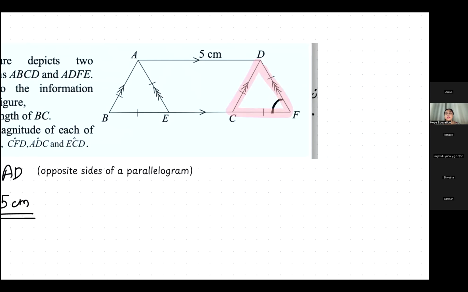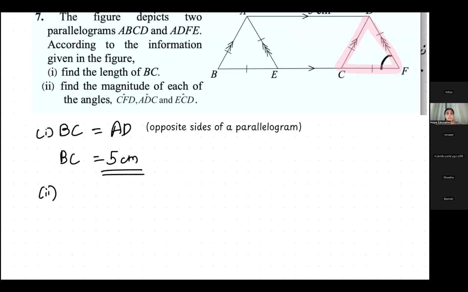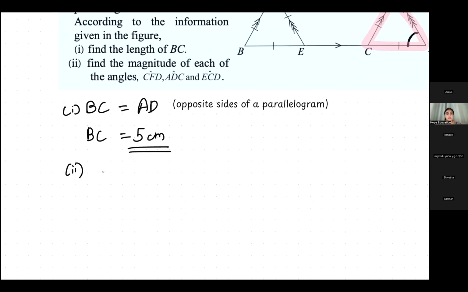If it's a square, the interior angle is 90. So we can straight away say CFD is 60 degrees.